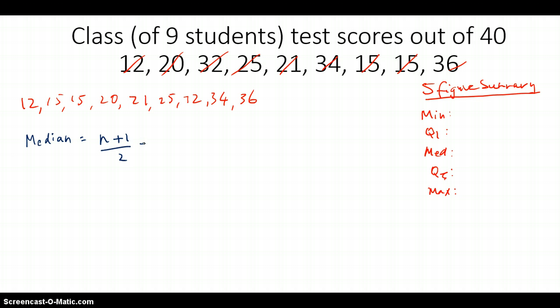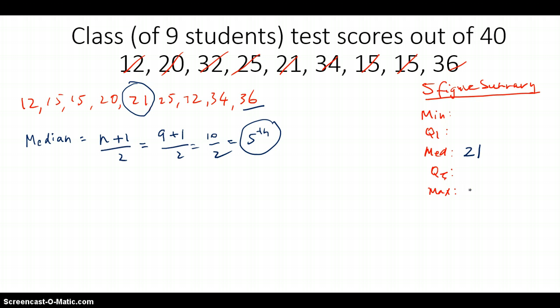We've got 9, so we get 9 plus 1 over 2, which is the same as saying 10 over 2, which is 5, so we want the 5th number. So let's choose the 5th number from here. 1, 2, 3, 4, 5. Okay, so in this case, our median is 21. Let's figure out the other bits.